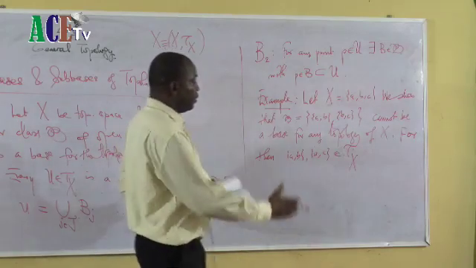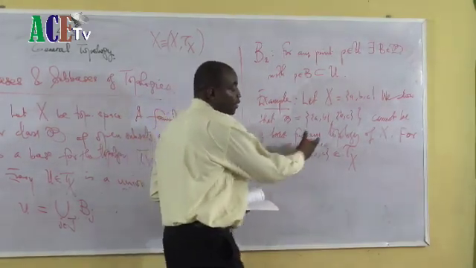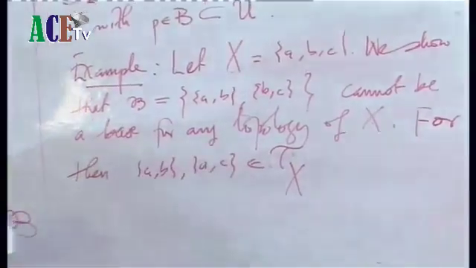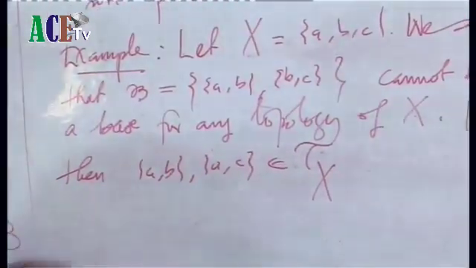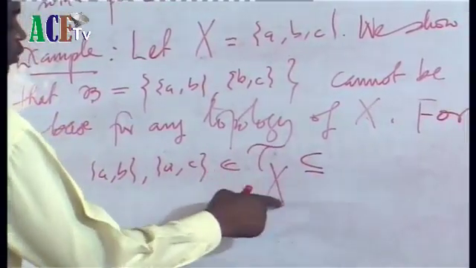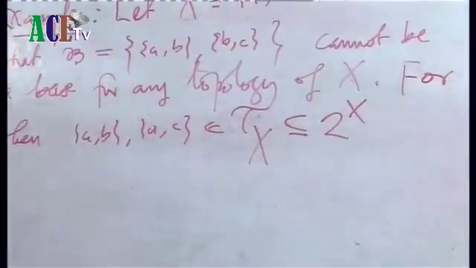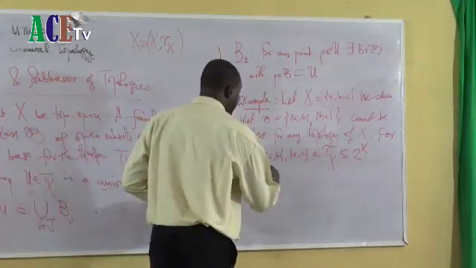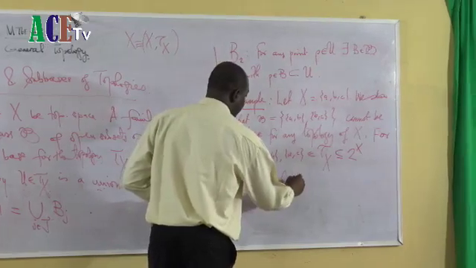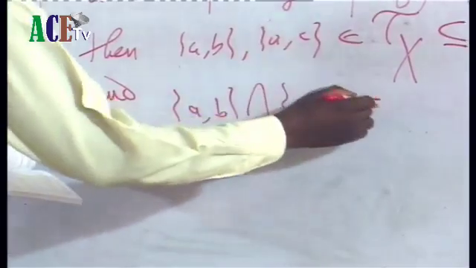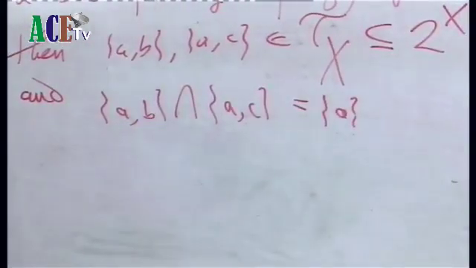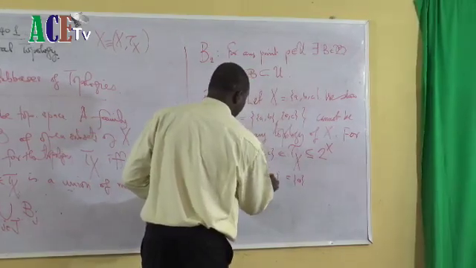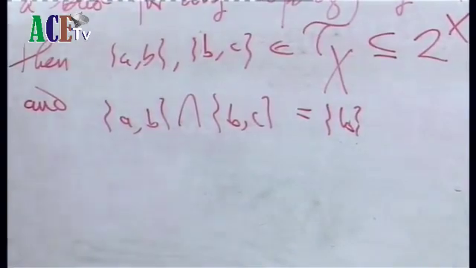Now, so you can see, if we want to assume that this is a base of tau X, then these two must be members of the topology on X, which of course is a subset of the power set of X. And the intersection of AB and BC is the singleton B. So the intersection here is B.